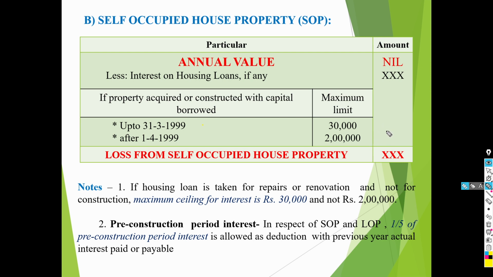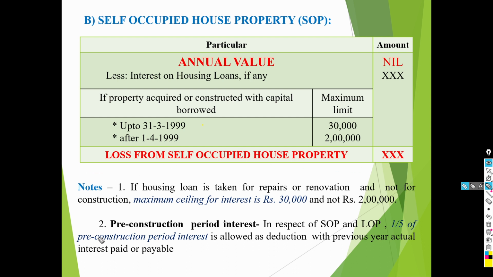And here, after deducting this interest on housing loan, surely there is always a loss from self-occupied house property. Is it clear?